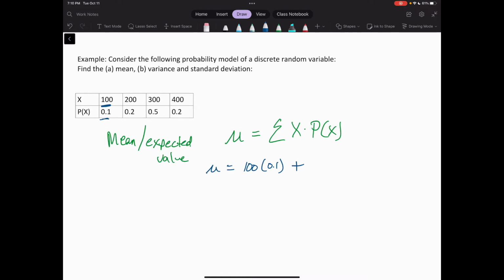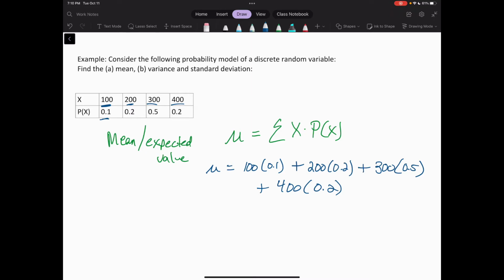And now we go on to the next value of x. It's 200 times 0.2, plus, and I'm hoping you're starting to see the pattern now, 300 times the probability we get 300, which is 0.5. And then lastly, plus 400 times its associated probability of 0.2, 20%.